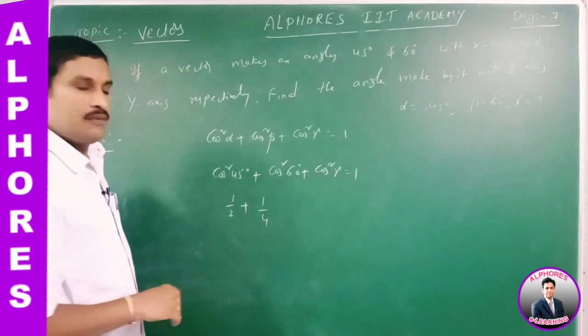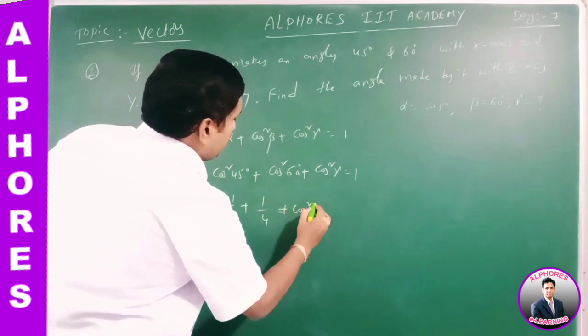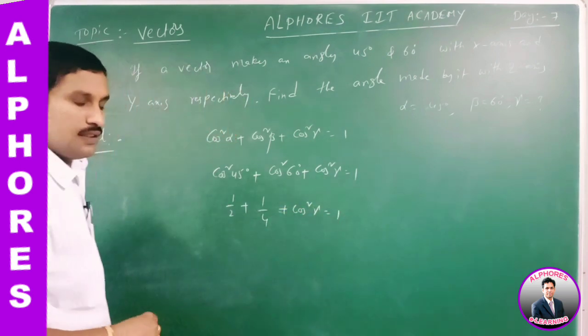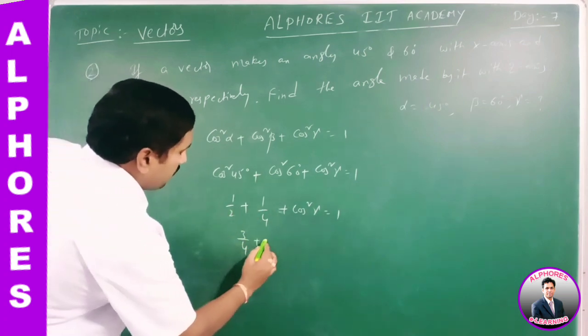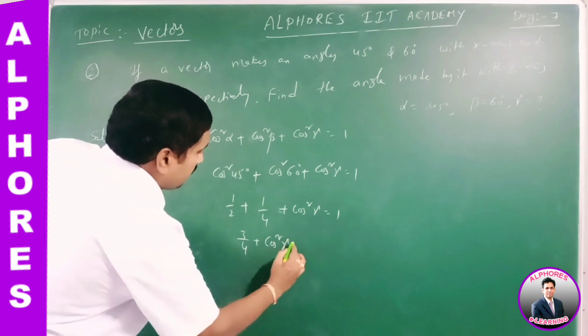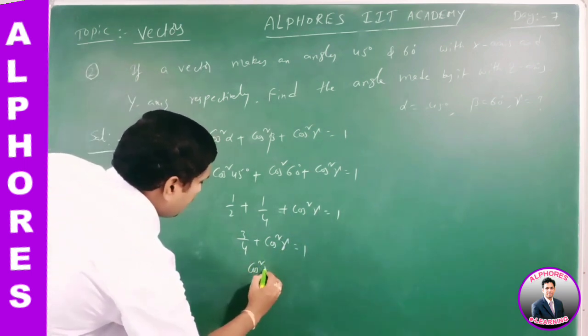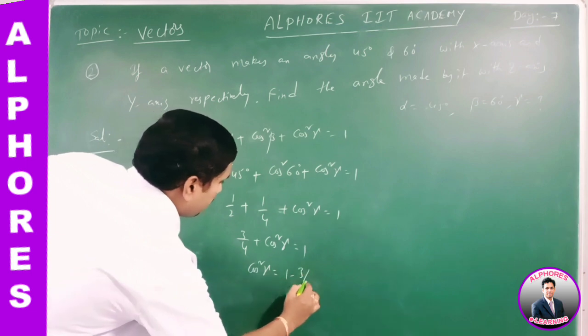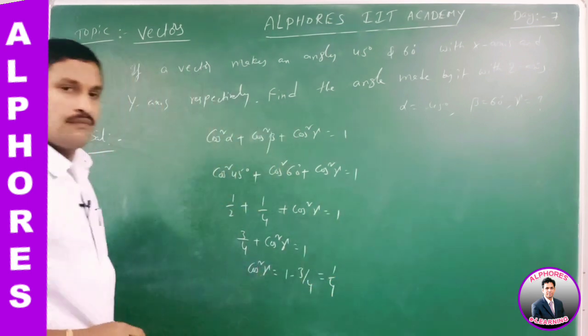Plus cos square gamma is equal to 1. Therefore 1 by 2 plus 1 by 4 is 3 by 4. 3 by 4 plus cos square gamma is equal to 1. Right? Now here cos square gamma is equal to 1 minus 3 by 4, which gives only 1 by 4.